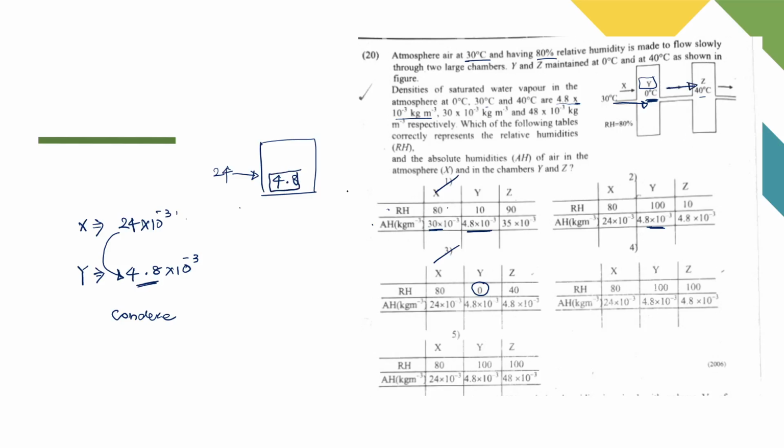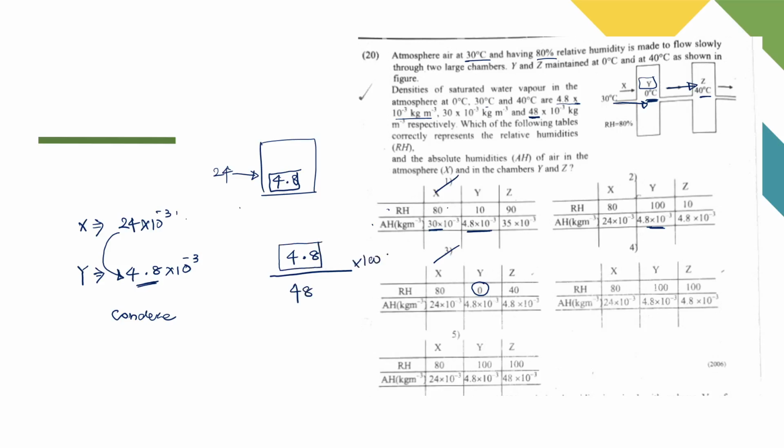What happened to the others? Others condensed. So when reaching Z, we have 4.8, and what is the maximum we can have at that temperature? They say 48. So look, when we are increasing the temperature, AH doesn't change, as I mentioned earlier.